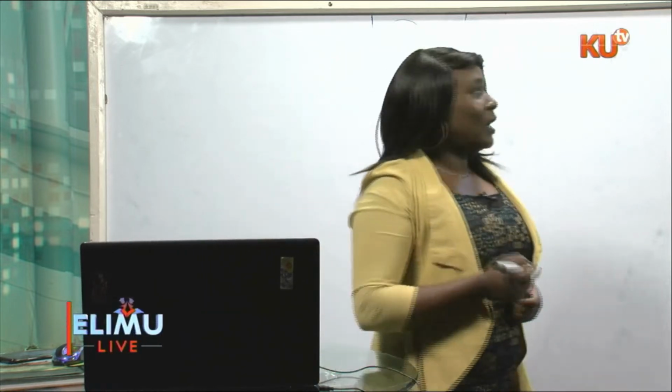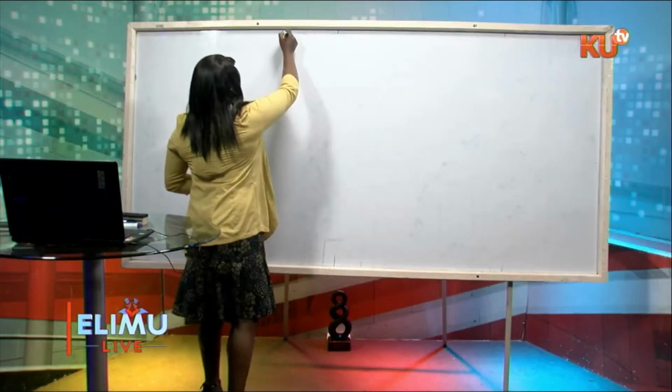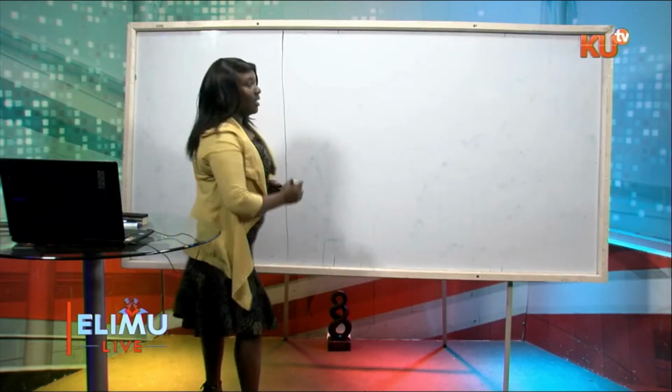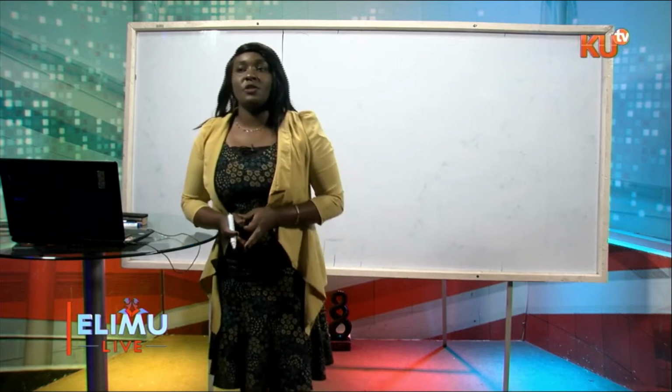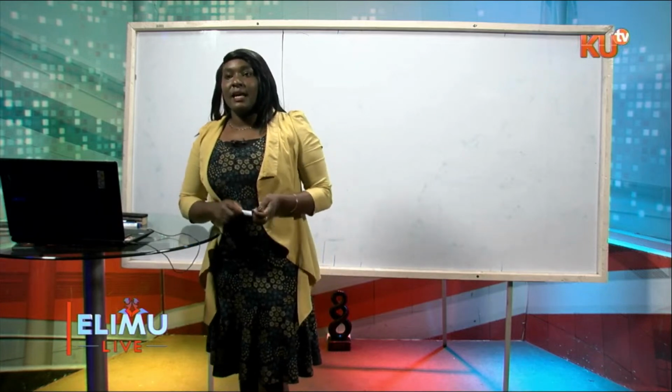Welcome to today's lesson. Today we are going to learn Agriculture Form 4, the topic on livestock production. I'll be taking you through livestock production 6, that is cattle. In the previous lesson you tackled the introduction to cattle rearing.